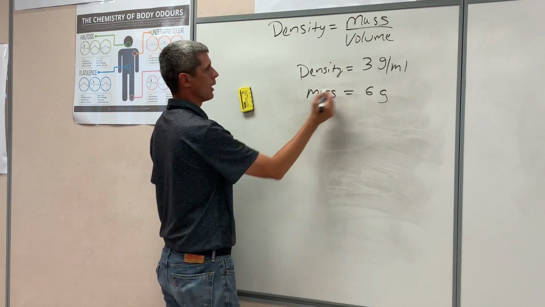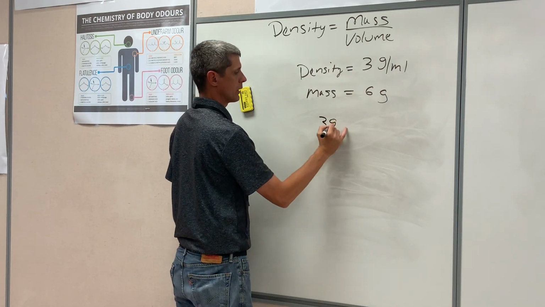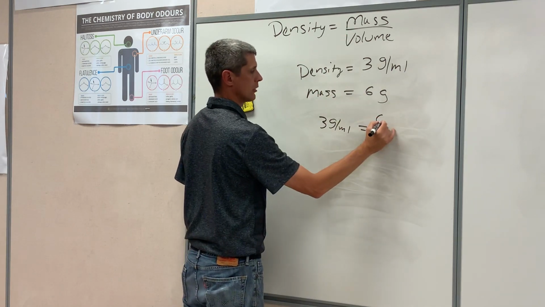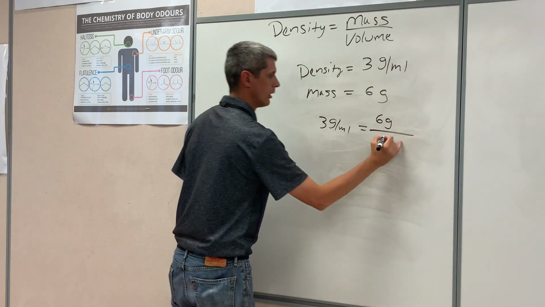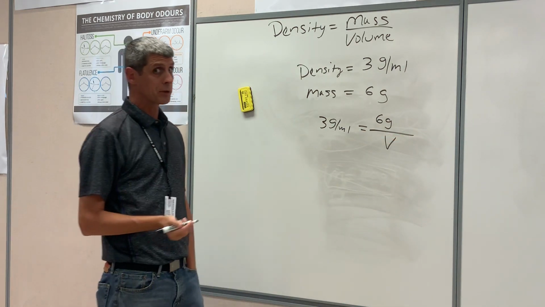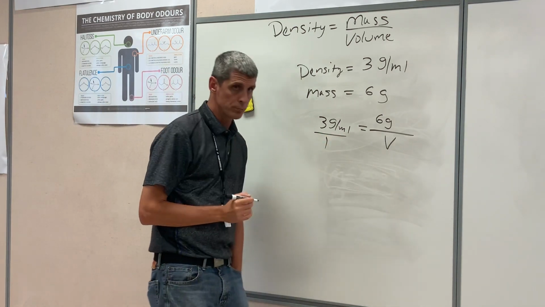So I'm going to go ahead and plug in what I know. Density is 3 grams per milliliter, which is equal to the mass, 6 grams, over, this time I'm missing volume. We're going to do the same thing we did last time. We're going to make this a cross multiply problem.